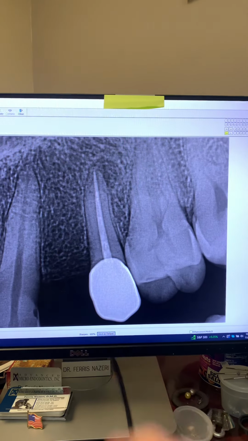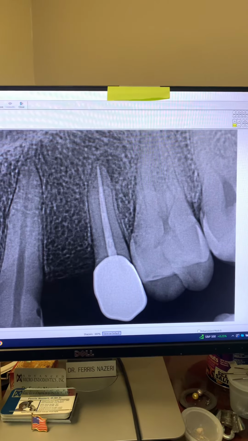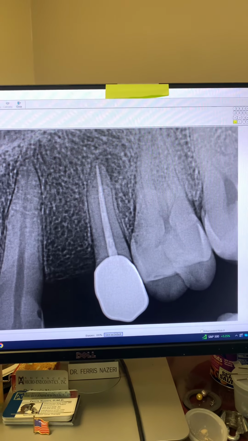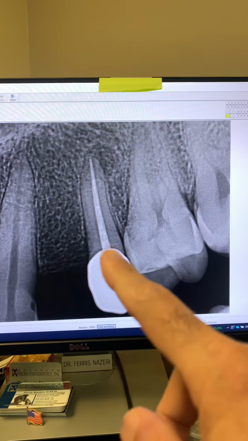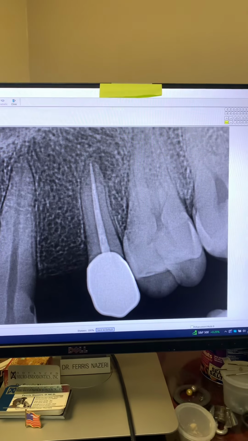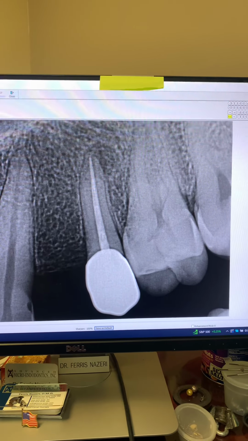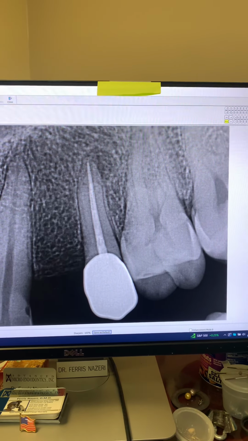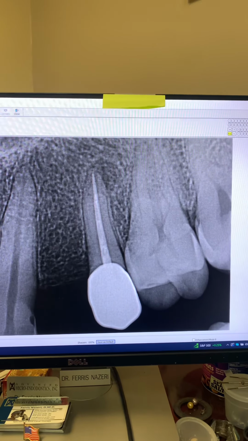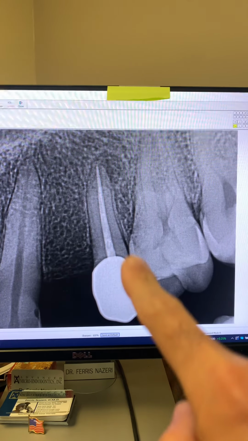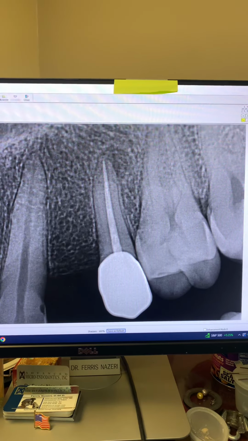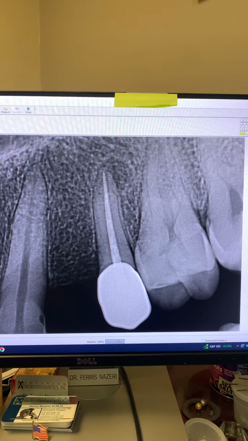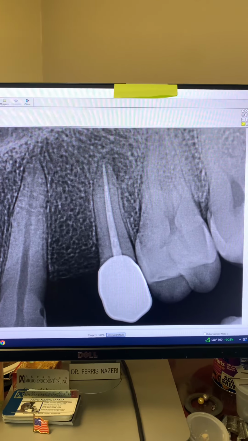Went through the crown, and as I went through the crown, I'm under the microscope. I removed the gutta percha with my endo explorer from the coronal part of the tooth out of the canal orifice. And the distal margin of the crown, I noticed, was placed on gutta percha.